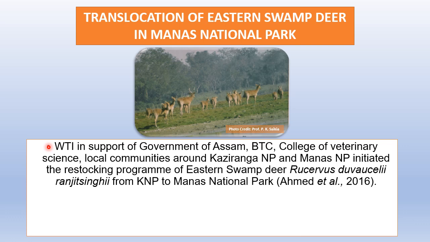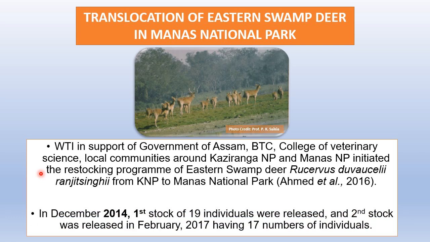This translocation project was initiated by a team of experts from Wildlife Trust of India, Assam Forest Department, College of Veterinary Science, Khanapara. Local communities around Kaziranga National Park and Manas National Park and BTC all came together in support of the restocking project.